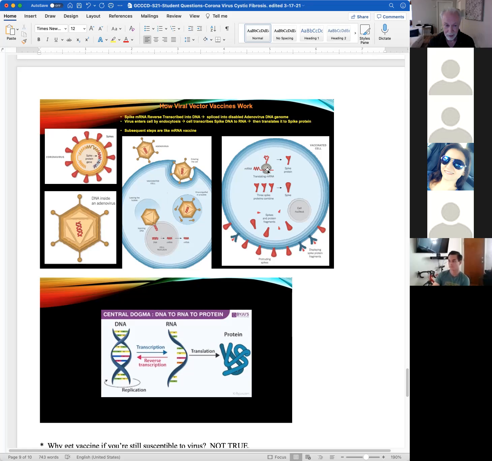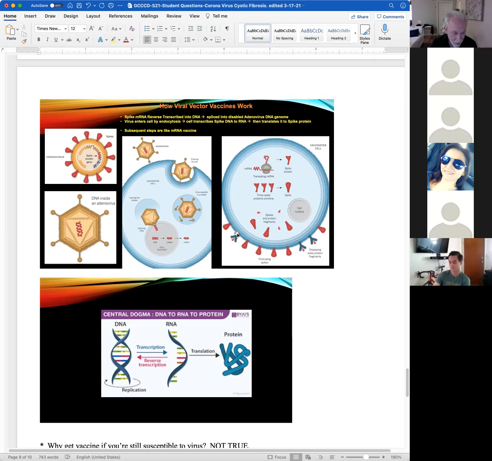Now we're back to mRNA. So it's exactly the same from here on. The mRNA is translated into spike protein. Spike protein goes to the surface of the cells, inspires antibodies that block any incoming virus.